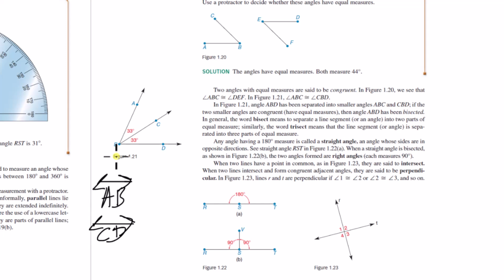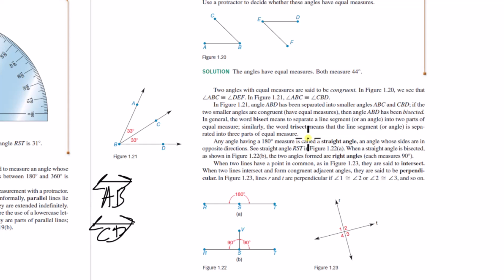You've cut the line into two equal pieces. Well, similar idea here. If you separate an angle into two separate angles, and those two angles have the same measure, or they're equal, or they're congruent, then you've bisected that angle. So angle ABD has been bisected. It means it's separated into two separate angles that have equal measure, that are congruent.